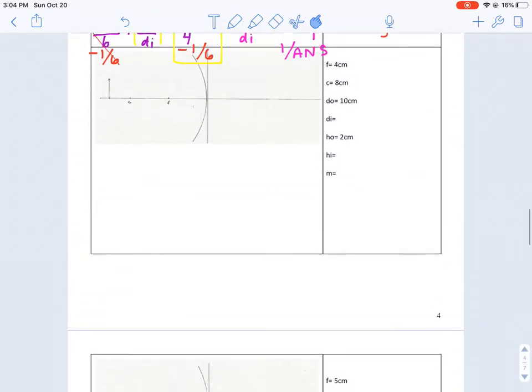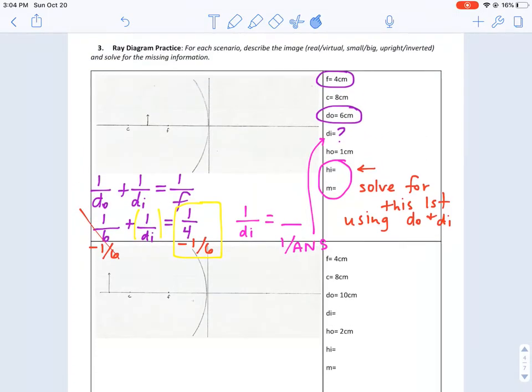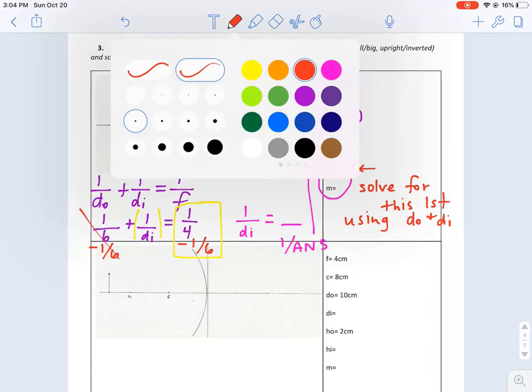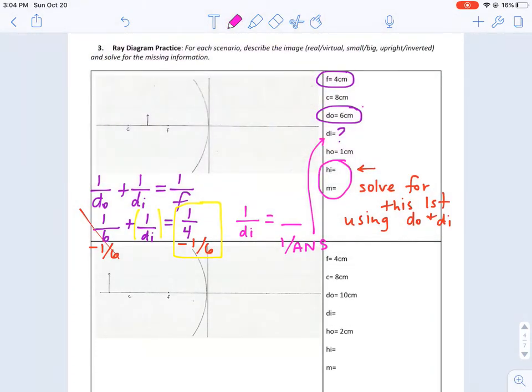But know that the first step in every problem is going to be finding that DI. Do that first. Then go in and find the magnification, then the height. So first solve, second solve, third solve. It's like a puzzle. Can't solve one unless you know the others first.